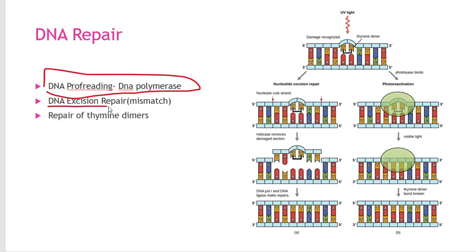We have a DNA enzyme that's going to cut out the mismatch, and also one to repair those thymine dimers. So there's the ultraviolet, there's the thymine dimer.